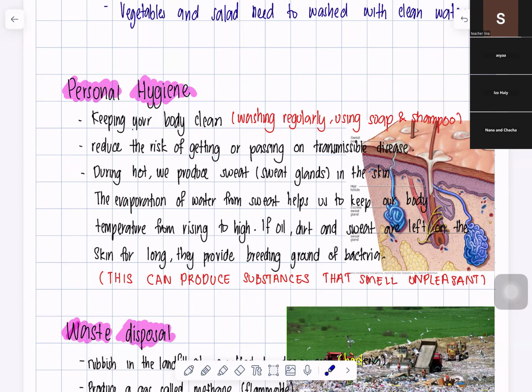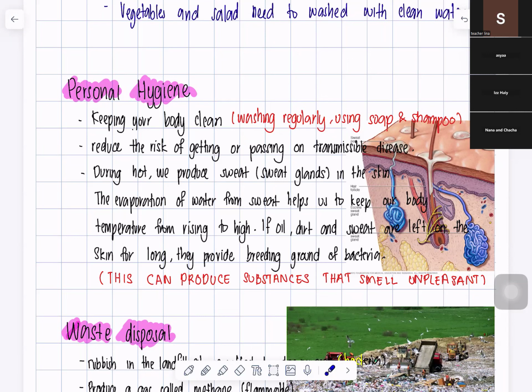How can the skin act as a body defense? It has dead cells, and then it doesn't let pathogens go into your body. It has sebum, which is oil and acid.